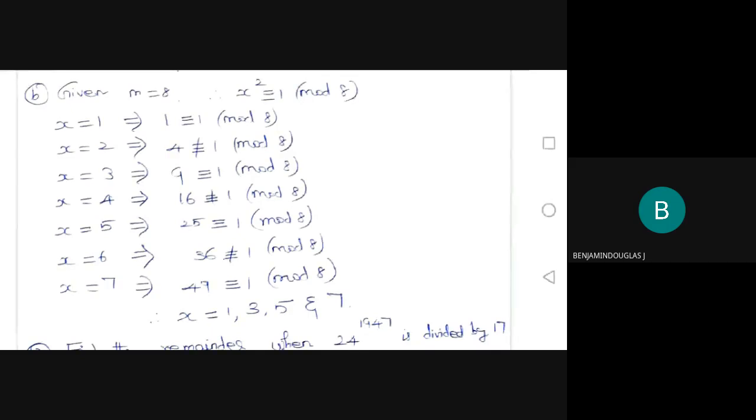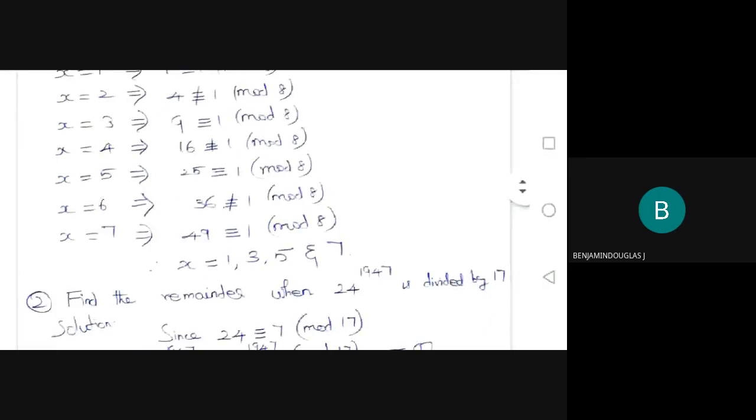Now look at the next problem. Finding the remainder when 24 to the power 1947 is divided by 17.